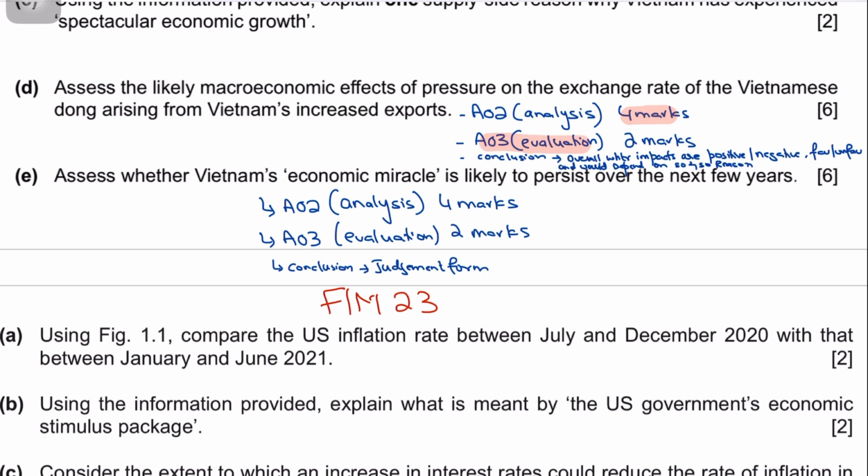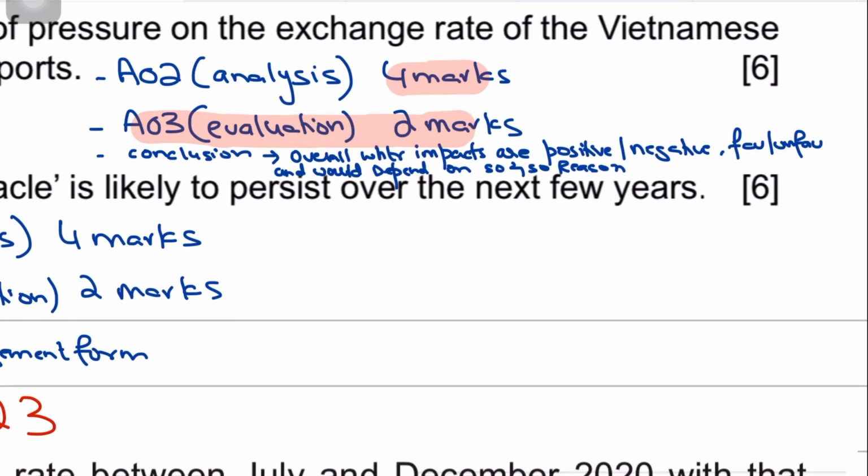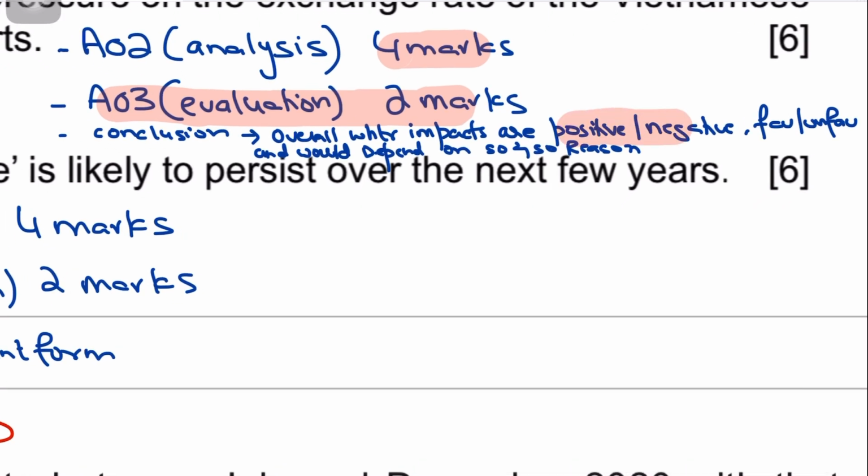Then evaluation would be for 2 marks, right? And then there should be an overall conclusion as to whether the overall impact is favorable or unfavorable.